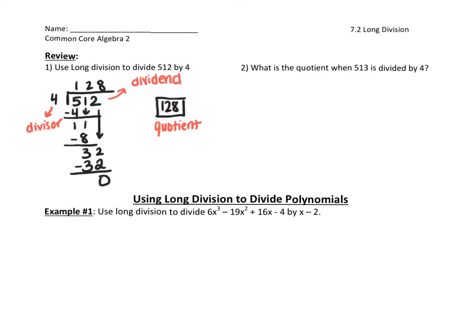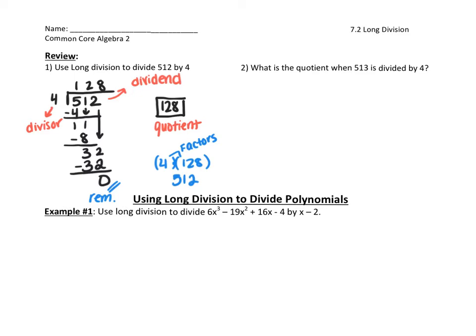So what that means is 4 times 128 multiplies to give me 512. So because of this remainder of 0, we know that 4 and 128, these guys, are both factors of 512. Okay, so these are good words that we're going to use, so I want to get comfortable working with them.